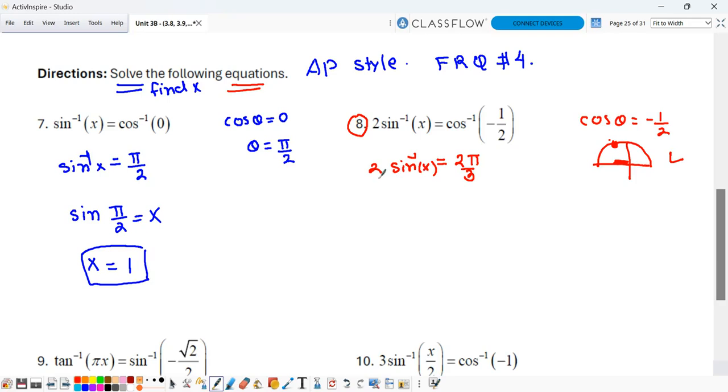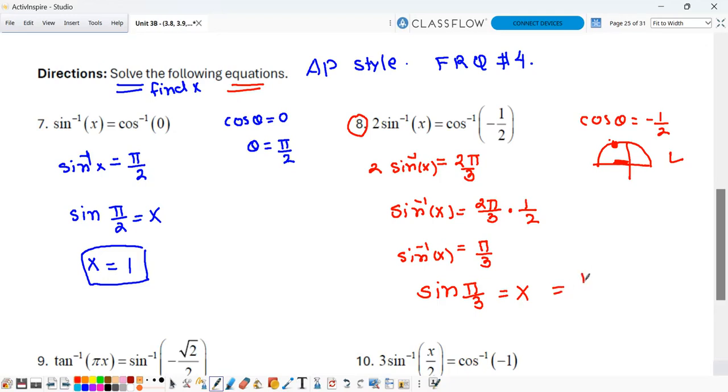You can't solve for x until you take care of this 2. So sine inverse x is equal to 2 pi over 3 divided by 2, times 1/2, which gives pi over 3. Sine inverse x is pi over 3. x is equal to sine of pi over 3, which is root 3 over 2.